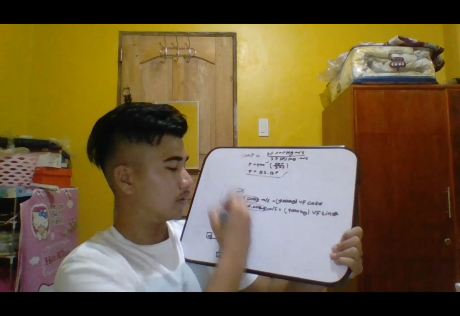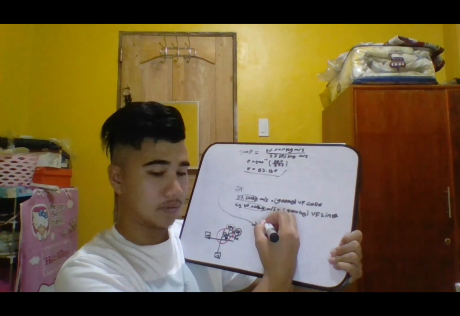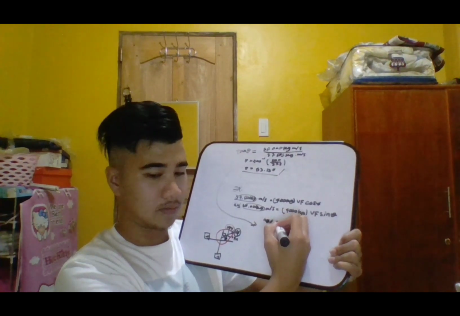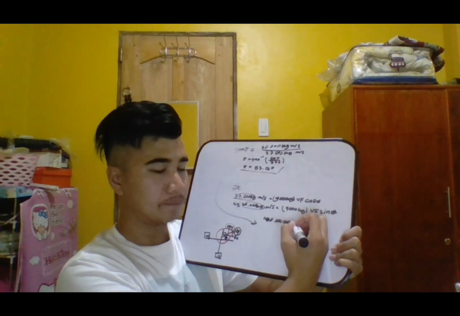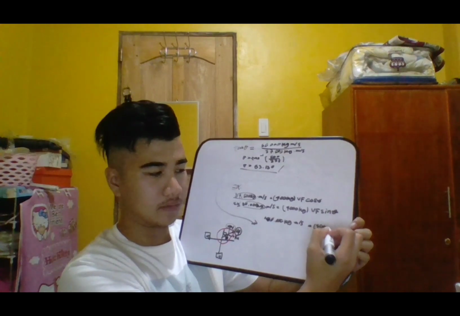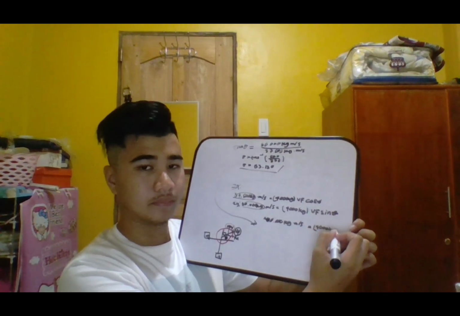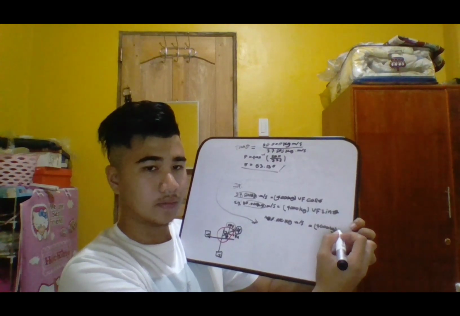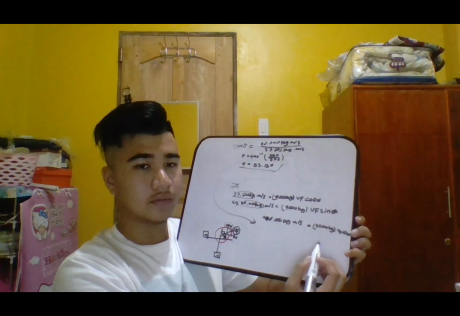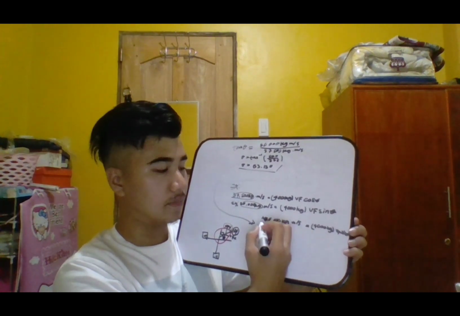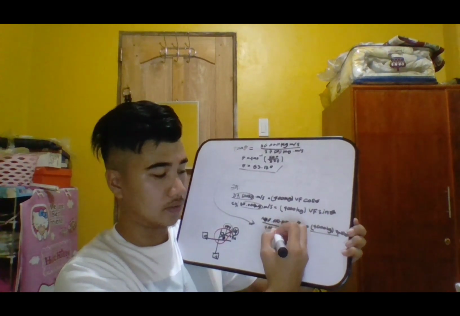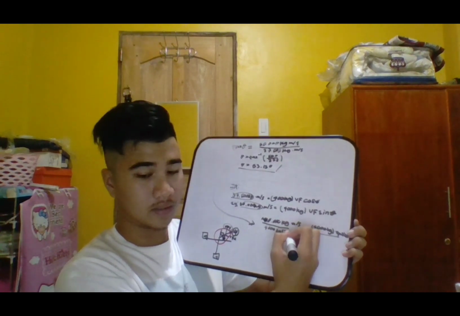Dito na lang natin siya ilagay. 50,000 kilogram meter per second is equal to 4,000 kilogram final velocity sine theta. Solving for the final velocity, we divide both sides by 4,000 kilogram sine theta.